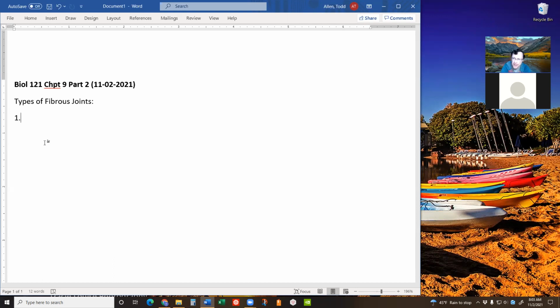An alternative and comparable way to define joints is a functional classification vocabulary, which included terms like synarthrosis, amphiarthrosis, and diarthrosis. What we're going to do today is walk through some of the figures in chapter 9 together and highlight some of the various fibrous joints of the body.